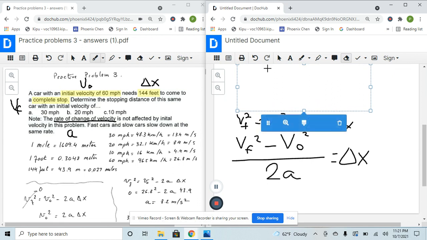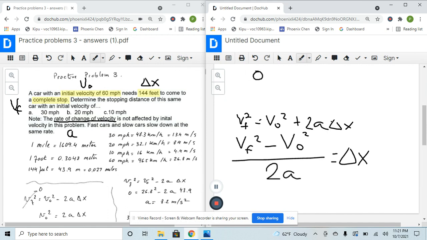Okay, that should work. So let's just solve for A and know that the same process is going to work for B and C. So we're plugging in our final velocity squared. Well, that's just 0, minus our initial velocity.